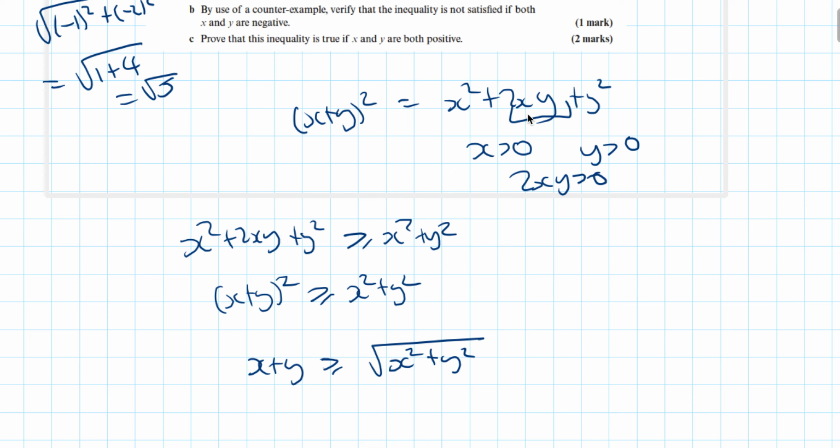We've also proven that x² + y² must be positive because they're all greater than 0. So we plug it back in, (x + y)² is greater than or equal to x² + y², and then we square root to get our answer, and that is enough for the proof.